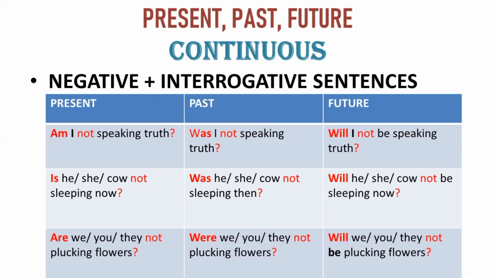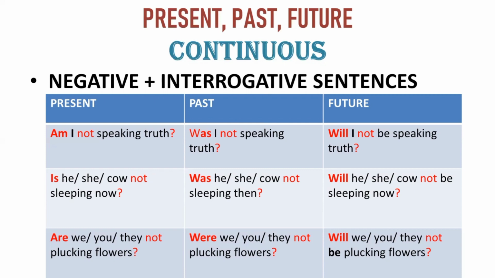Keep the not at its place and your sentence is formed. And at the end of the sentence, take off the full stop and use a question mark instead. The first sentence becomes, am I not speaking truth?